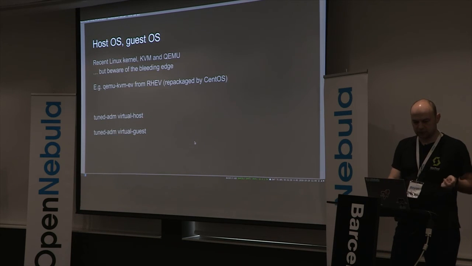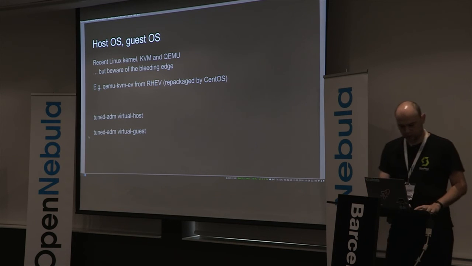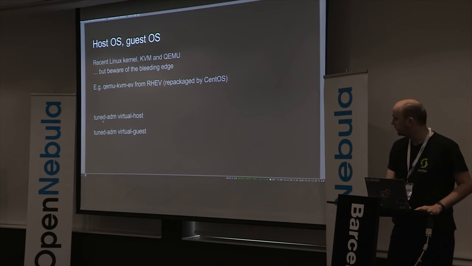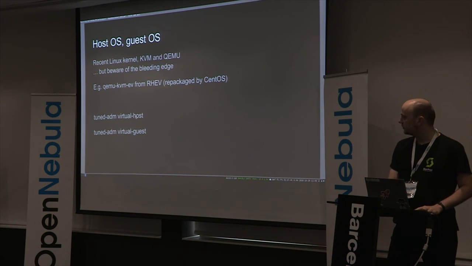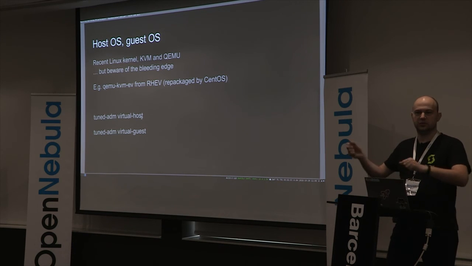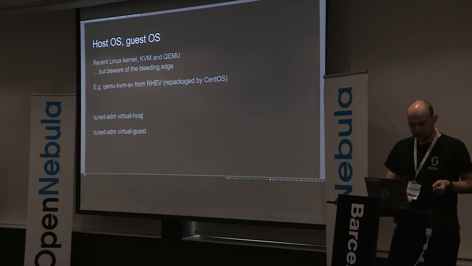It's different in every case. Host operating system, guest operating system: most of your hardware tuning or operating system tuning is handled by tuned, with the virtual-host and virtual-guest profiles. If you are inclined to, you can go and look at exactly what these profiles do, which is settings for the CPU, settings for some sysctl parameters, settings for network queues, etc. The other part is to use a good version of QEMU and KVM.